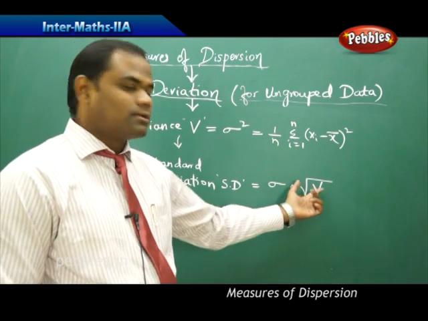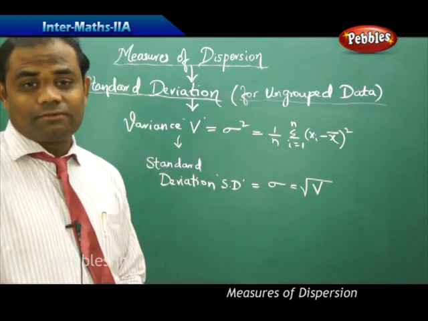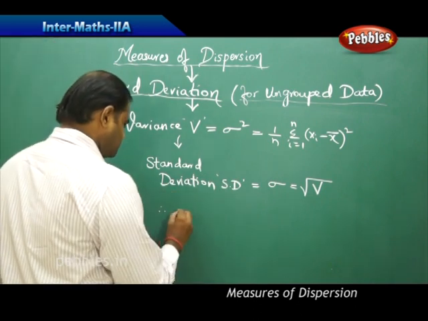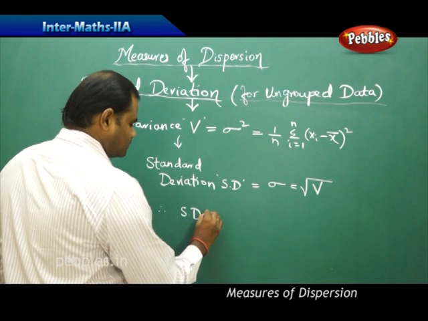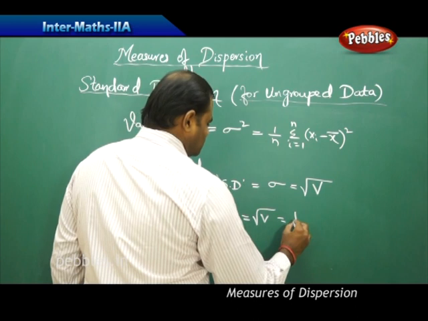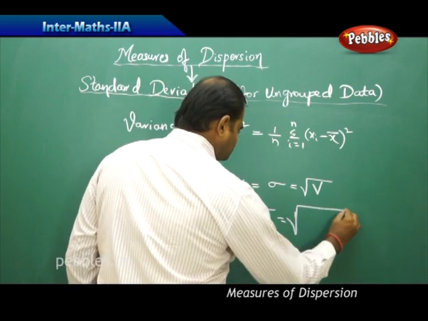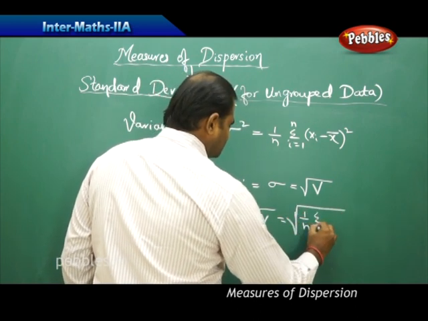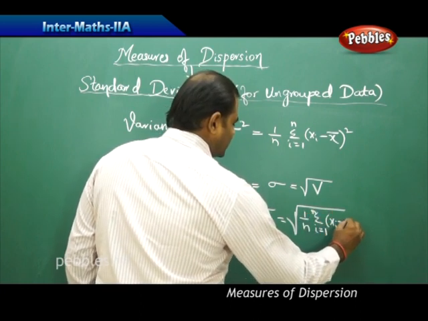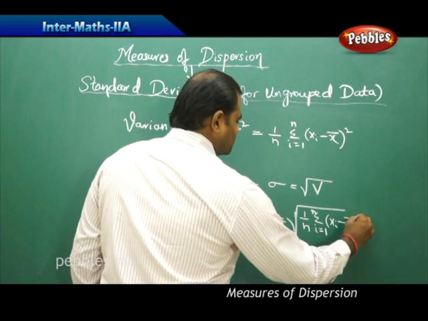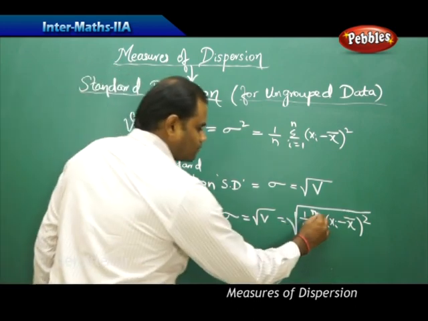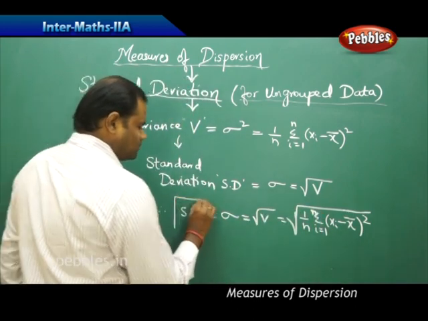The positive square root is the standard deviation of the given observations. Therefore, standard deviation is given by sigma, that is root V, that is the square root of 1 by n sigma i running from 1 to n of xi minus x bar whole square, is how we understand the standard deviation formula.